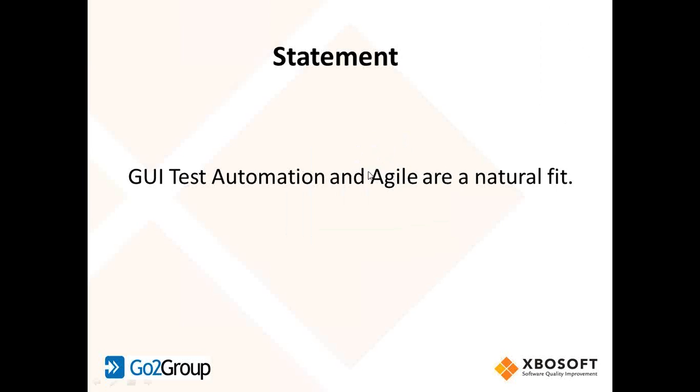If the effort is too great at the beginning for you, because obviously it takes a lot of work to build GUI test automation. If anybody's worked with, and I'm not a QTP or Quick Test Pro expert at all, but I've had to wait for QA groups to build these scripts.